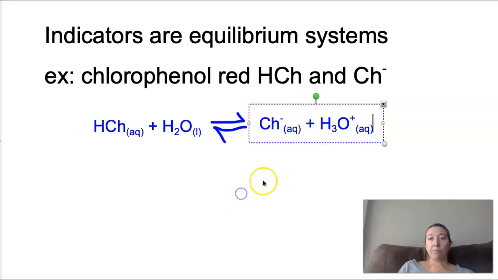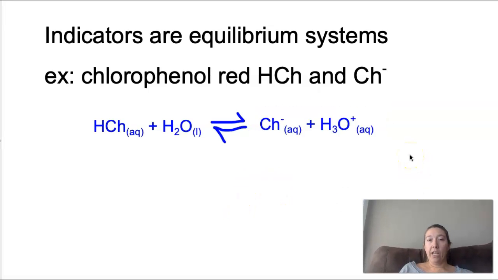Okay, so part of why when we add indicator we only want to add a couple of drops is we are technically adding an acid to our solution. And that does have the ability to change the pH somewhat. So we only want to add a little bit, okay?